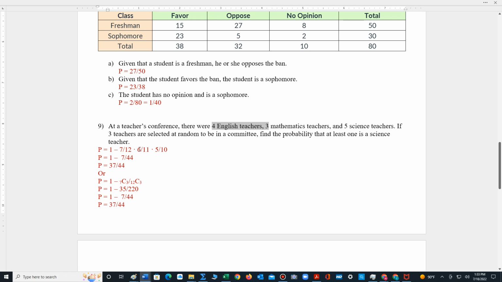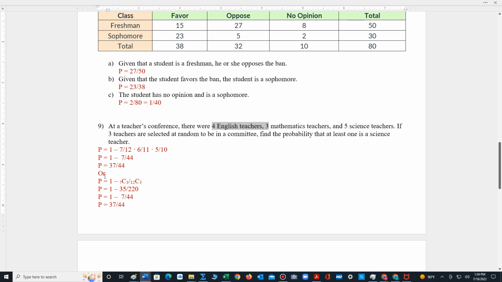So the next selection, there's going to be 6 non-science teachers out of 11. And then times 5 non-science teachers out of 10. We multiply this out to get 7 out of 44. Subtract. So the chance that there is at least one science teacher is 37 out of 44.